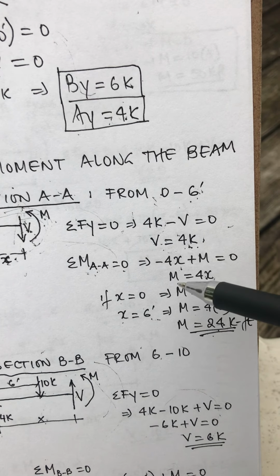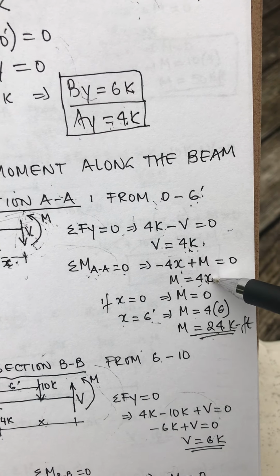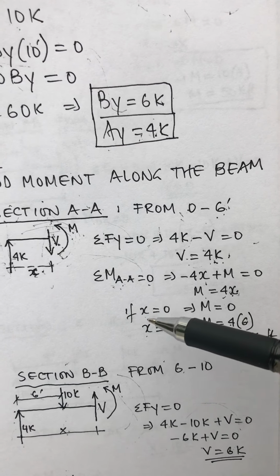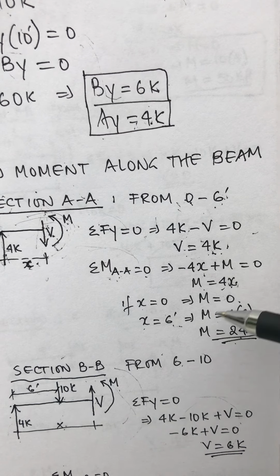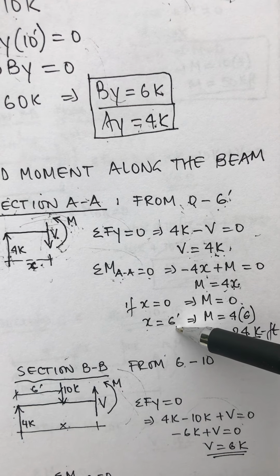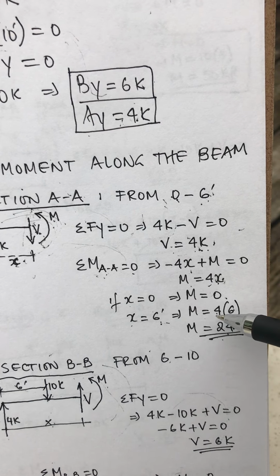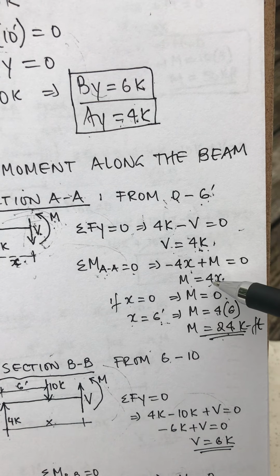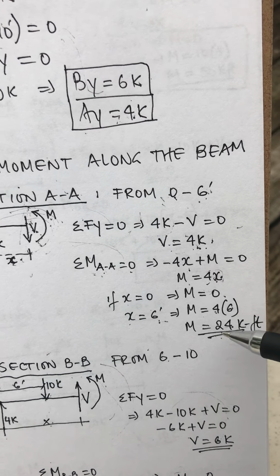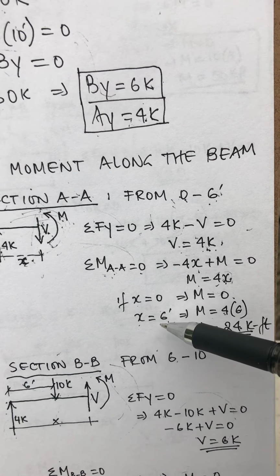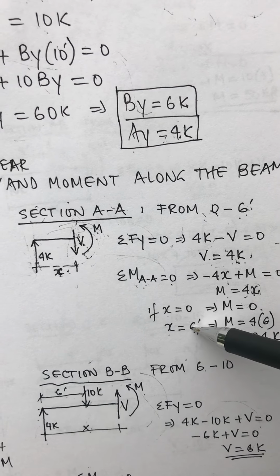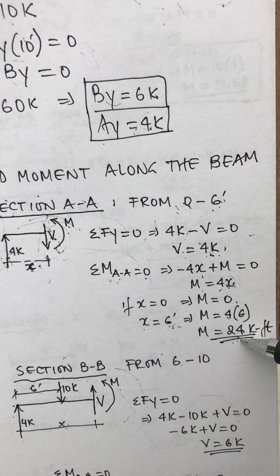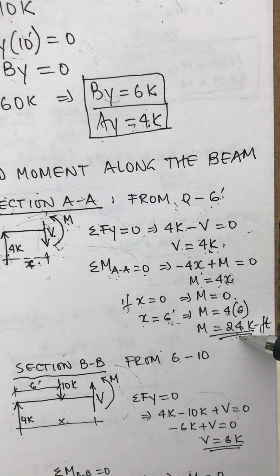So if you calculate here, moment is 4x. And if x is 0, M is 0. If x is 6, the moment is going to be 4 times 6, which gives you 24. So I know at the distance 6, my bending moment is 24K.